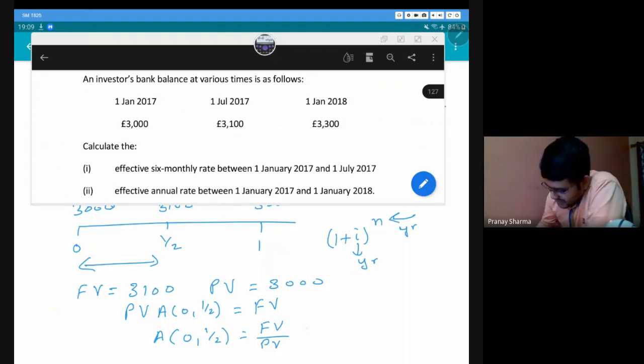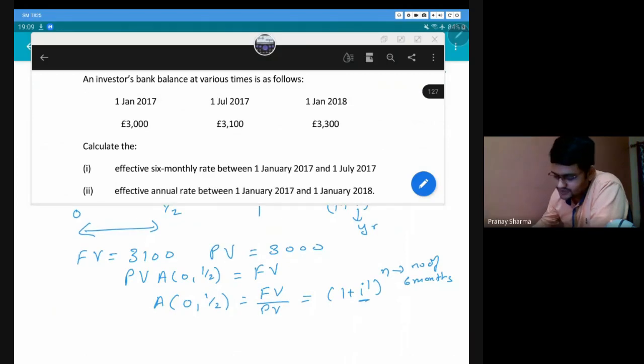So whenever I write 1 plus I dash, with I dash per 6 months, my n here will be the number of 6 months, not the number of years, because we are talking about the effective rate of interest per 6 months.